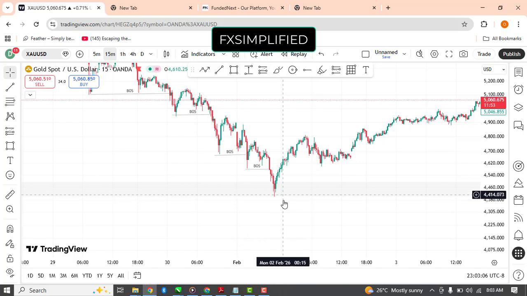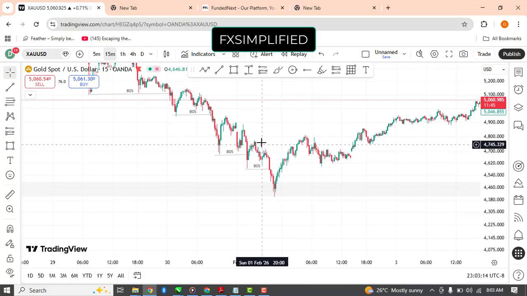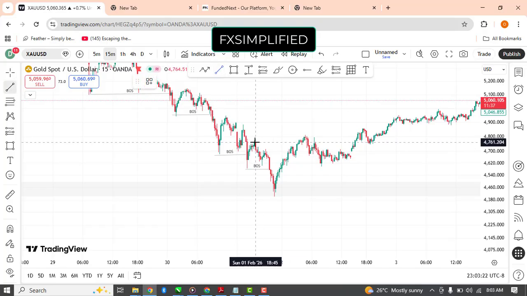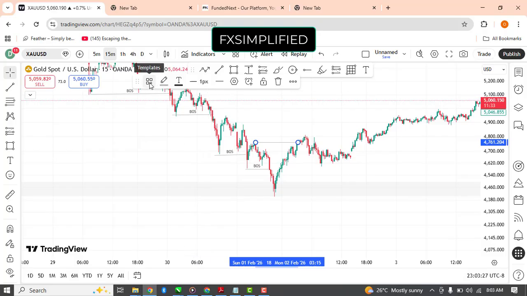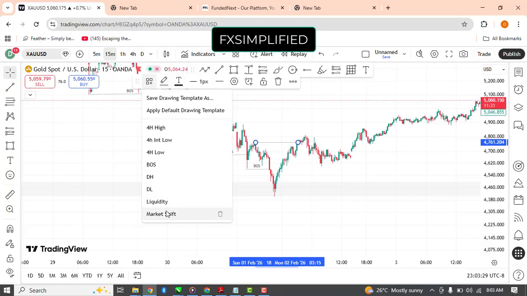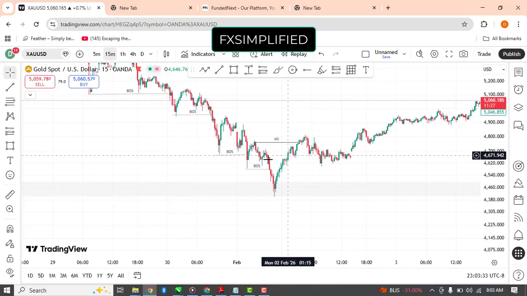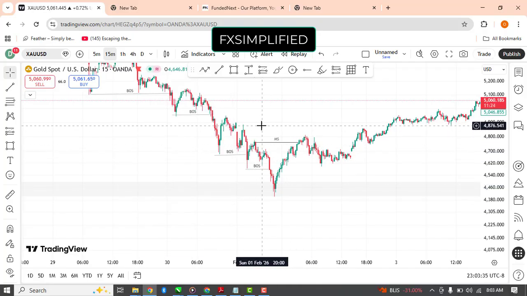what confirms that the trend has changed from selling to buying is that our previous lower high is this level here. What confirms that it has changed to buying is that price has broken through the previous lower high.